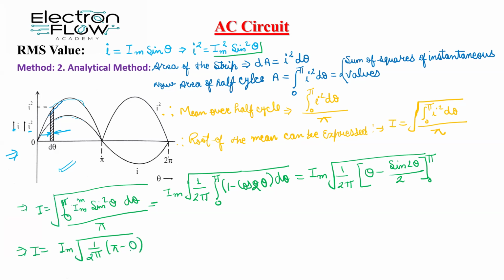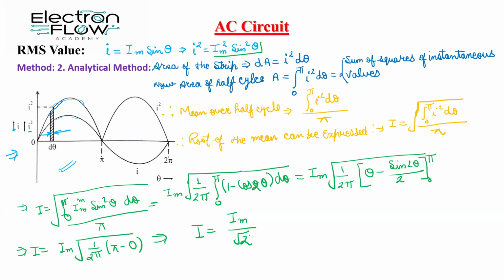So the value of I is Im divided by root 2. This is the RMS value of the current, which is equal to Im divided by root 2.